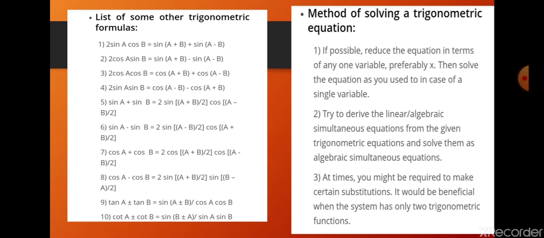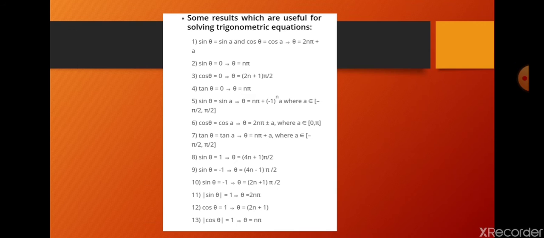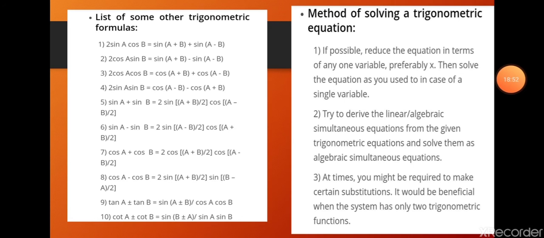Method of solving trigonometric functions or equations. The first step is, if possible, reduce the equation in terms of any one variable, preferably x. Then solve the equation as you did in the case of a single variable. Step 2.